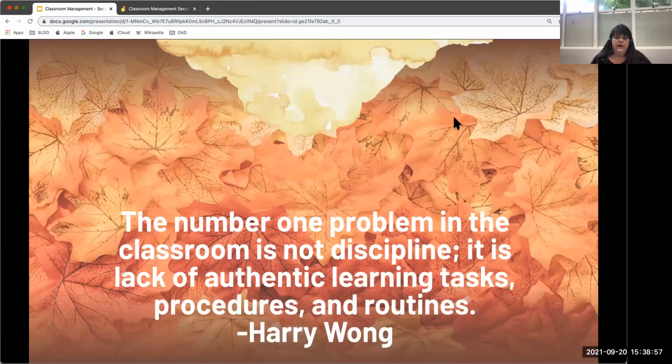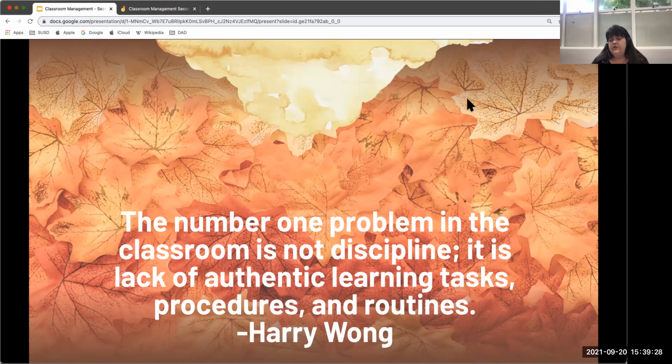Okay, so the number one problem in the classroom is not discipline. It is the lack of authentic learning tasks, procedures, and routines. And I don't know if Harry Wong is still somebody who's discussed in teacher education programs, but forever, Harry Wong was the guru when it came to classroom management. And so again, the idea is that discipline is a result of lacking areas, lacking learning tasks.